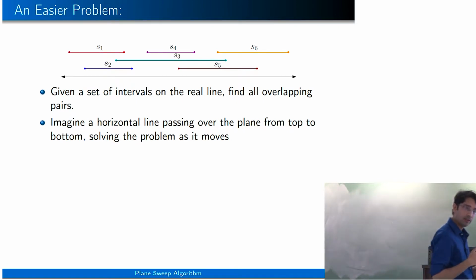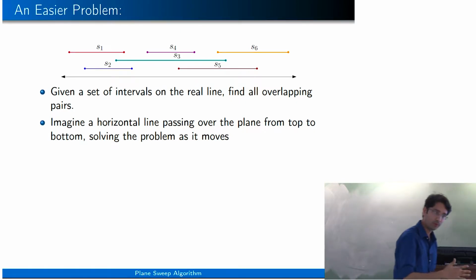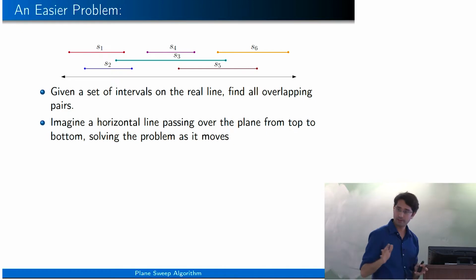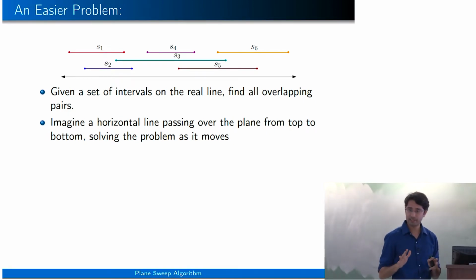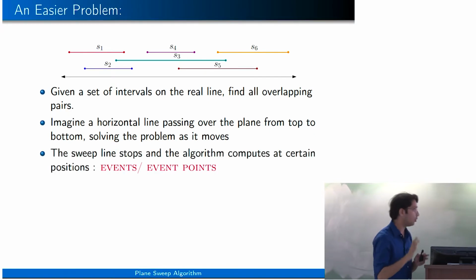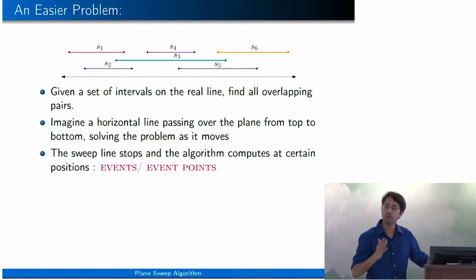Then at x1, I have to do something, make some changes. Next I will stop at x2. Right? This is how we work. So the points at which I will stop are known as event points or events.